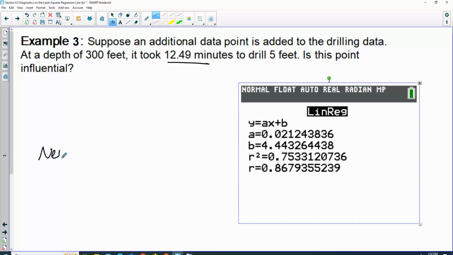So my new regression line with this point is 0.0212x plus 4.4433.